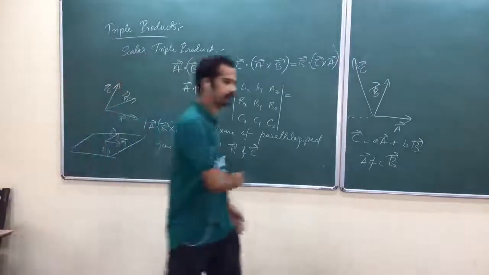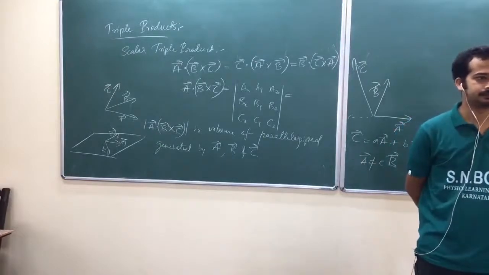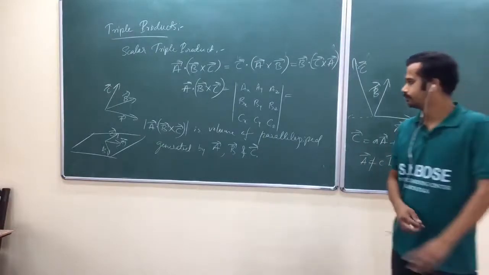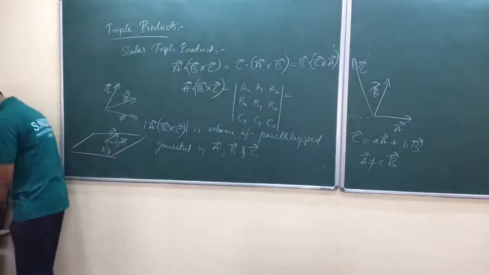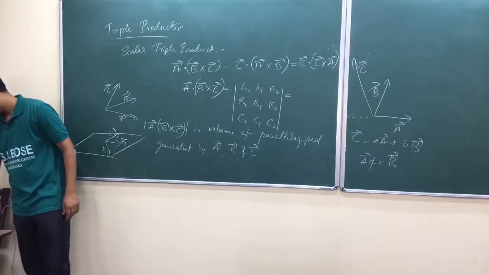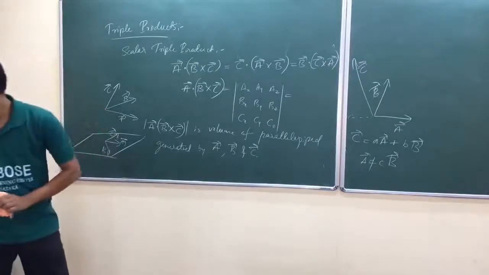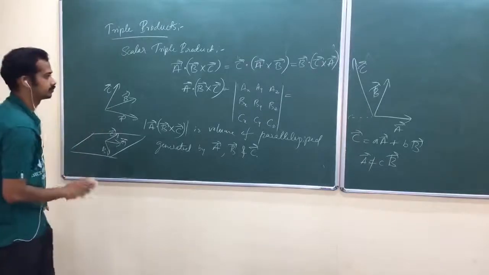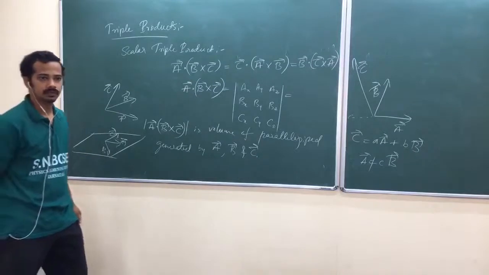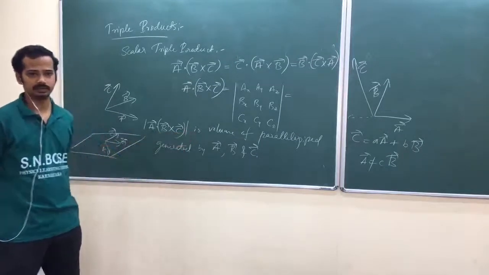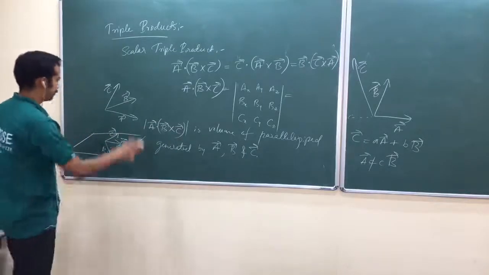If you add any two vectors, you will get a vector in that plane, but the other vector is out of the plane. This is all because of this characteristic: the scalar triple product is the volume of the parallelepiped.